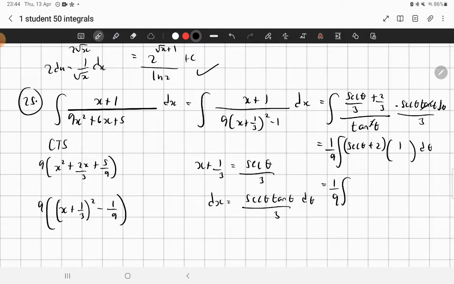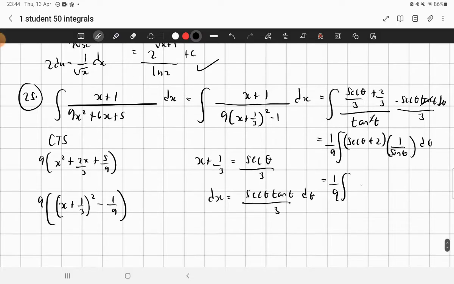So I am left with 1 over sine theta, cosine theta, plus 2 cosecant theta d theta. 2 cosecant theta, I think I have no issues. So the integral of cosecant theta is just ln.